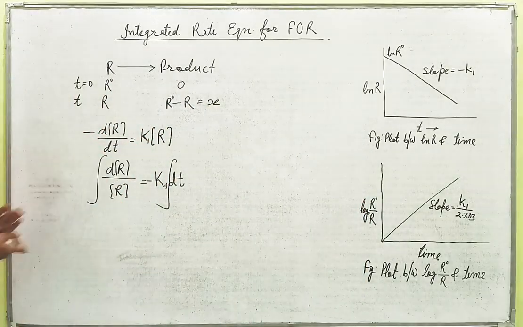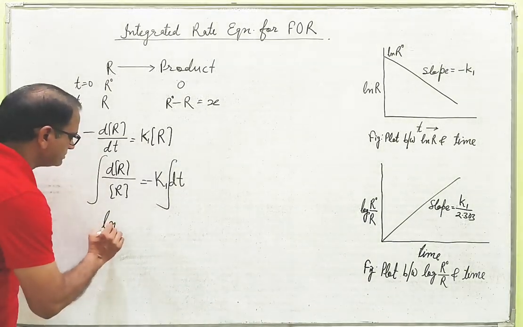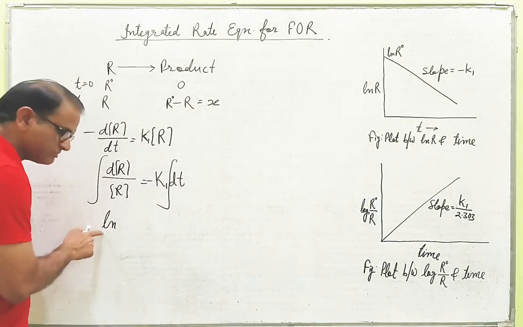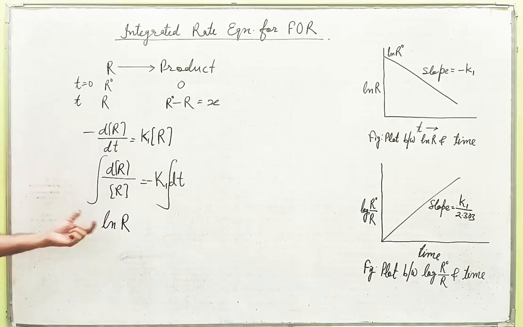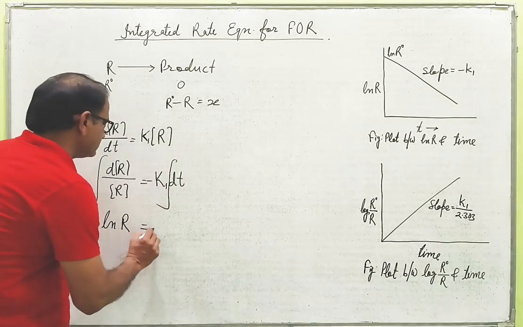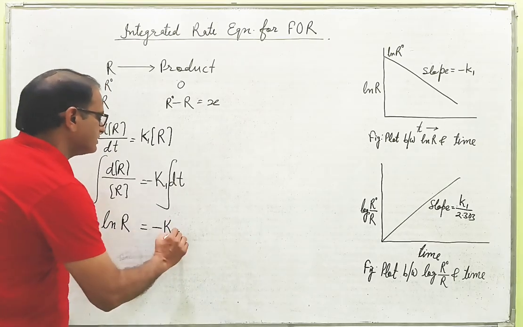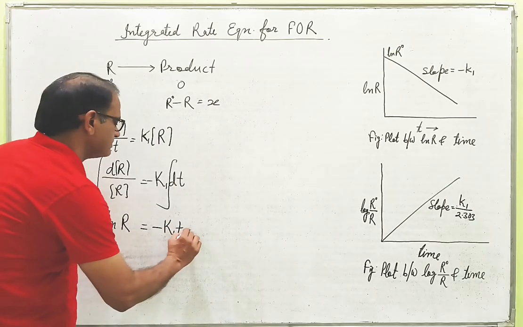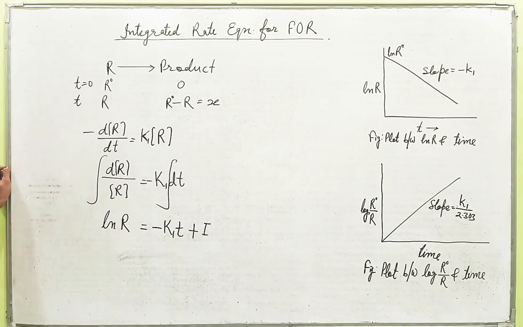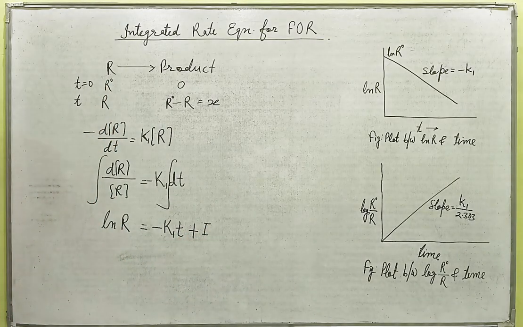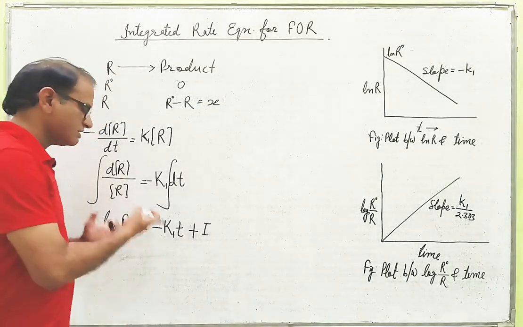So integration of dR upon R is equal to ln, that is log natural R. Ln R will be equal to minus k1 t plus I, where I is the integration constant.